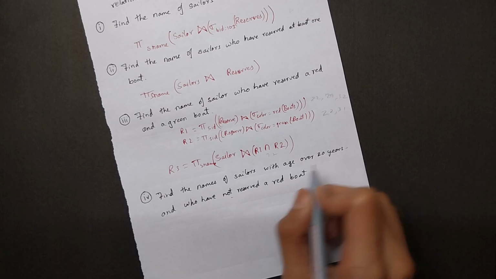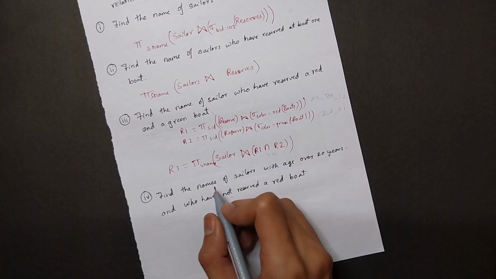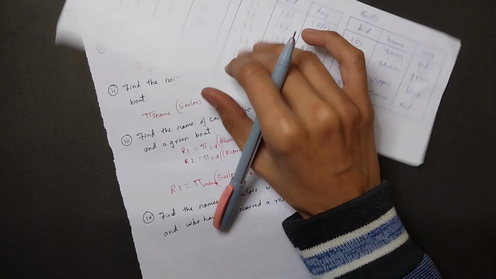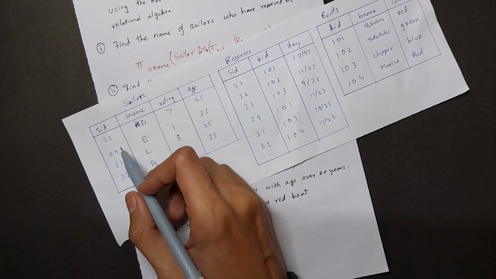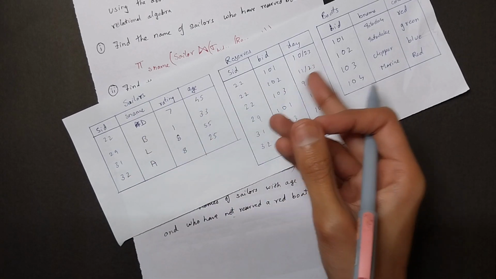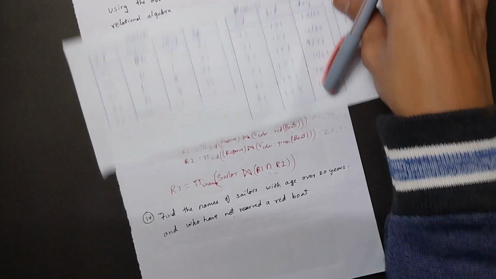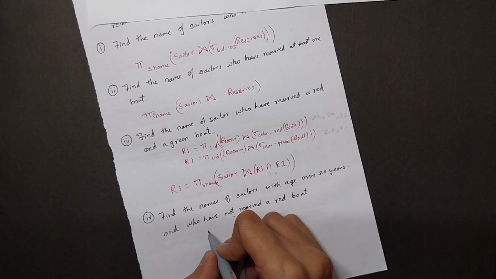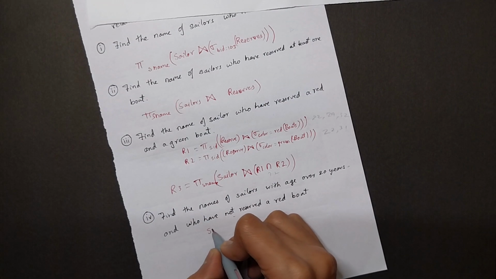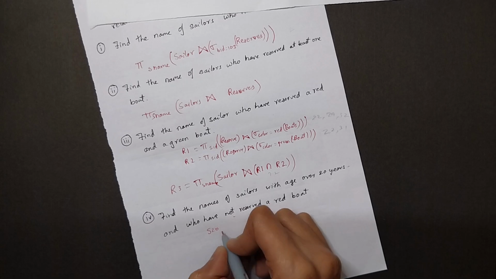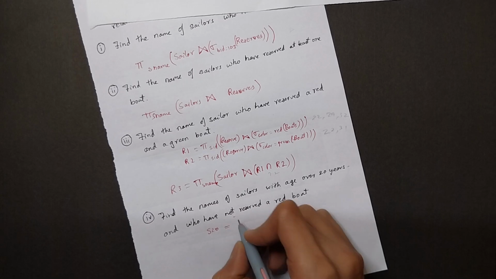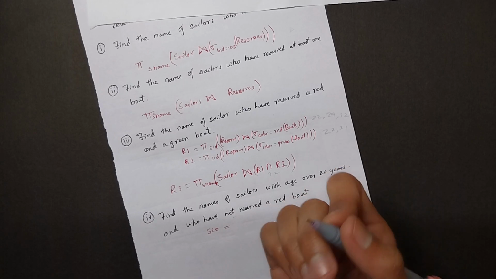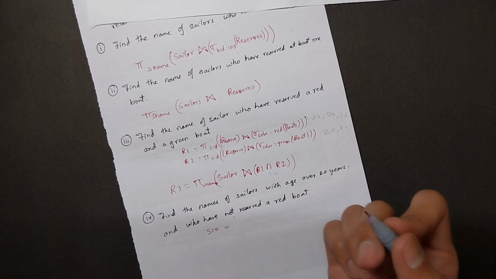Now we need to print the name, right? The name we will get from the sailors table, and for that we need only SID, which we will get from reserves and also boats. So first I will write S20, simply giving a name. How do we select only age above 20 years, just like in the previous question?